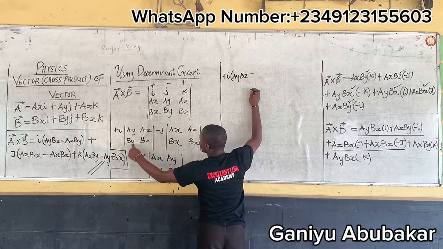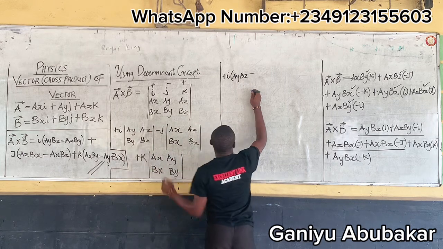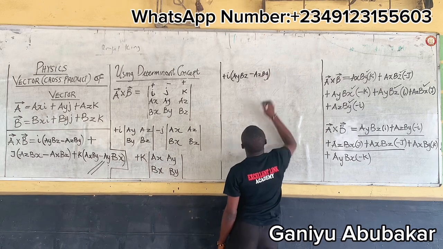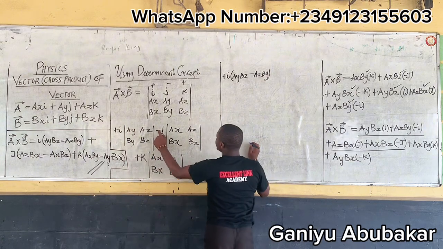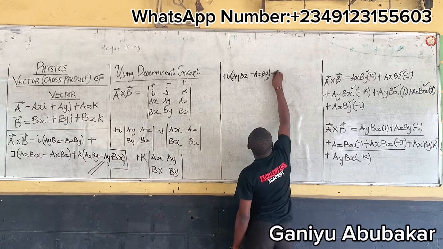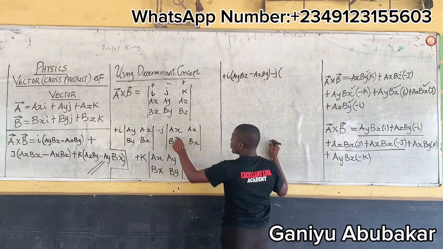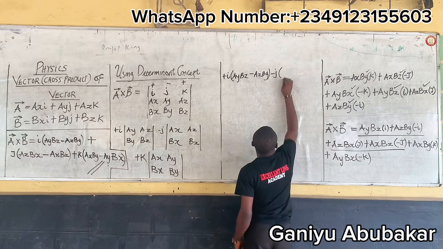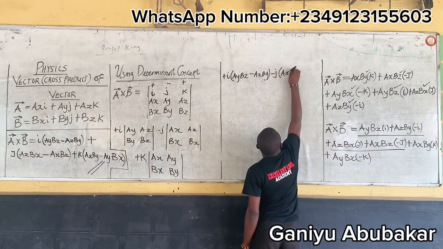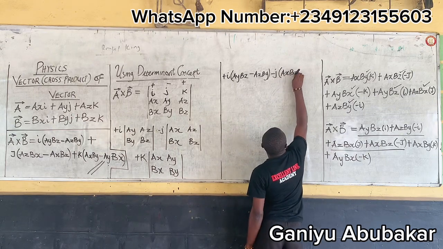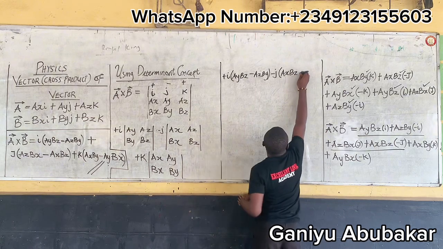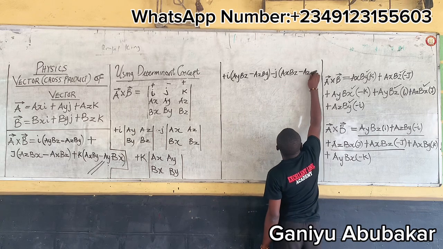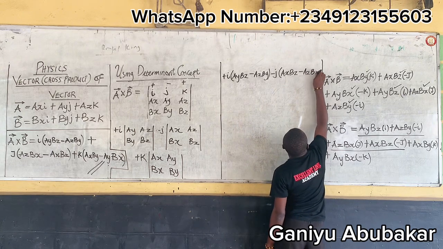Minus, multiply the left hand side together, AZ BY. So I have AZ BY. I'm done with this first one. Come down here, negative J. Multiply this right hand side together, so AX BZ, minus these two, that becomes AZ BX.